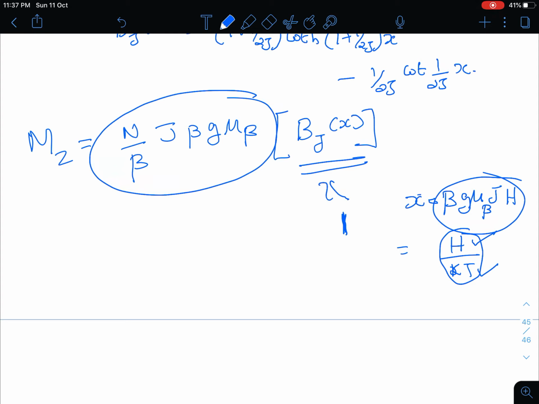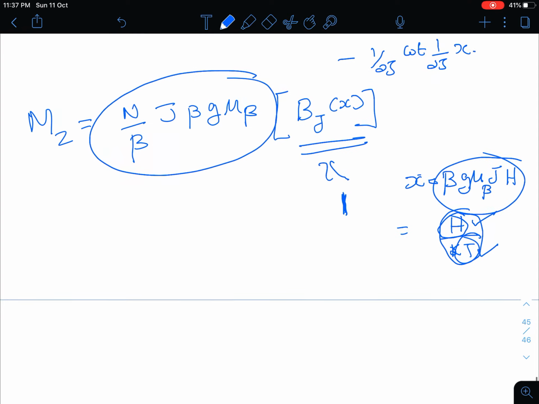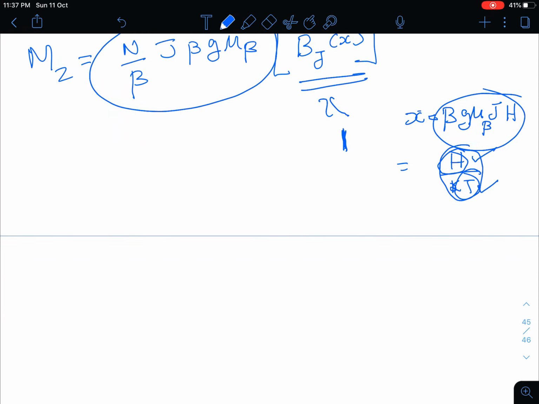Now the second case is where we have a very weak magnetic field and a very high temperature. അങ്ങനെ ആകുമ്പോൾ മാഗ്നറ്റൈസിങ് ഫീൽഡ് വളരെ ചെറുതാണ്, വലിയ ടെമ്പറേച്ചർ ആണെങ്കിൽ മാഗ്നറ്റൈസേഷൻ വളരെ കുറവായിരിക്കും. Magnetization would be very low, feeble magnetization. In that case the Brillouin function takes a value, our x would be much less than 1.